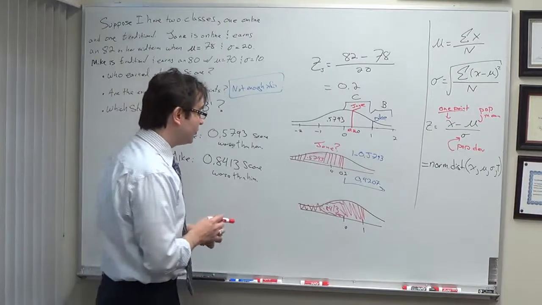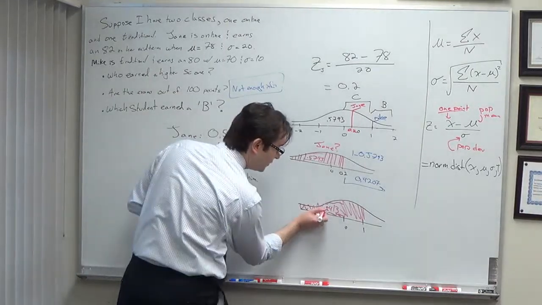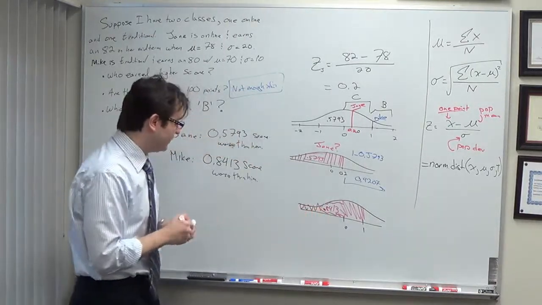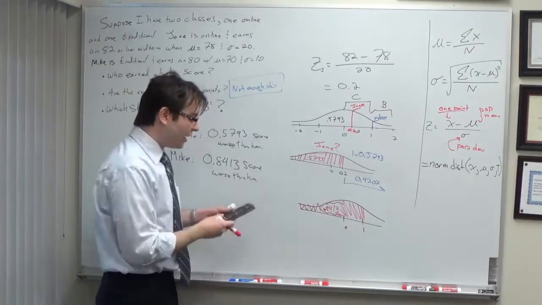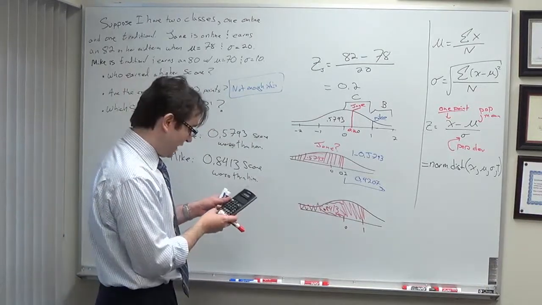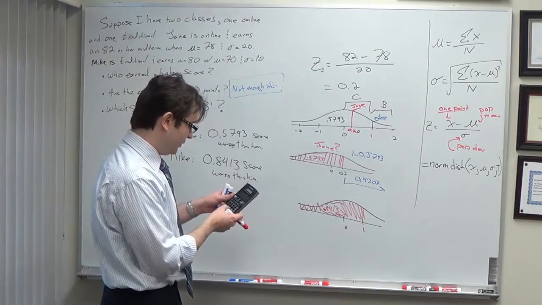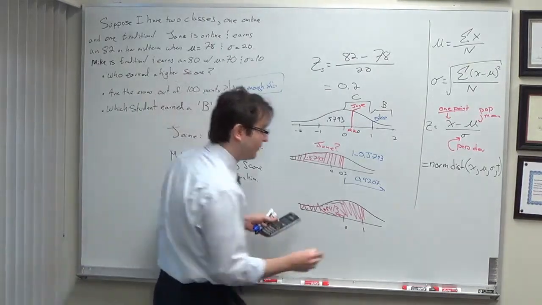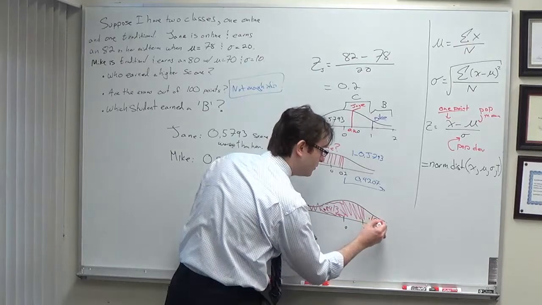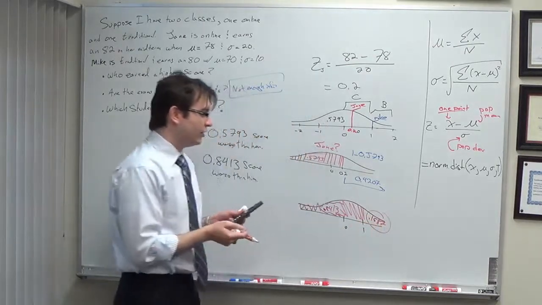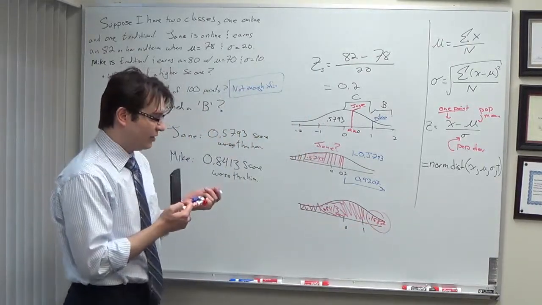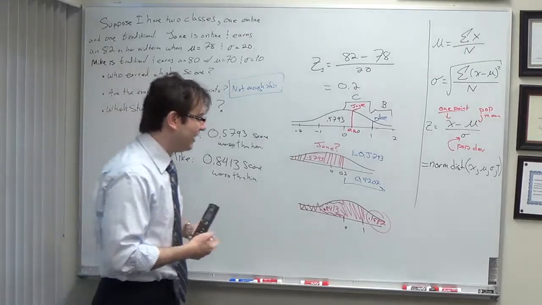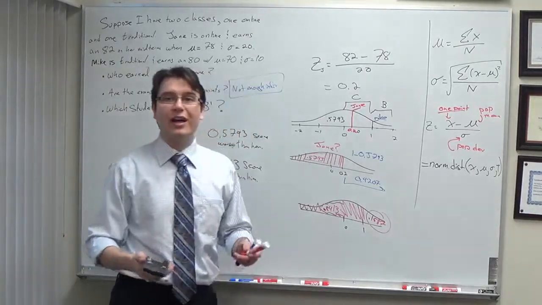So about 84.13% of people score lower than Mike. If we want to look at how many people score higher than Mike, we would do 1 minus that. And 1 minus 0.8413 gives us 0.1587. In other words, only 15.8% of people, 15.9 maybe with rounding, scored higher than Mike.